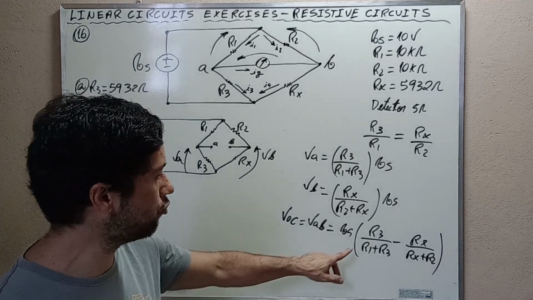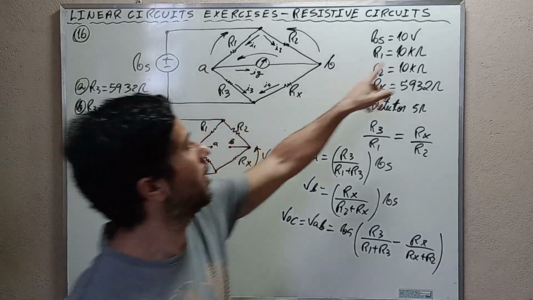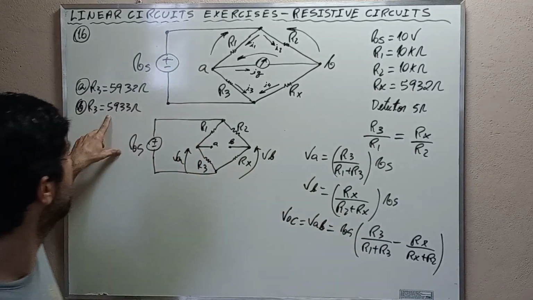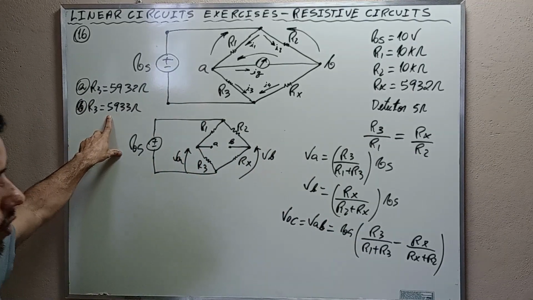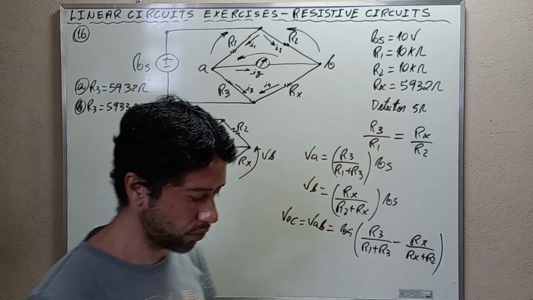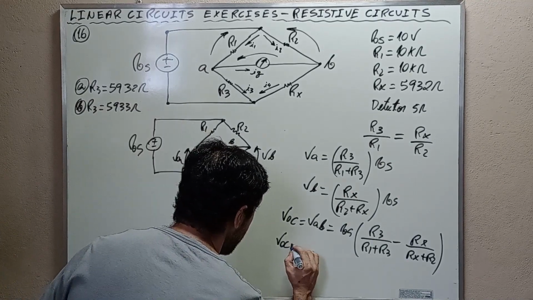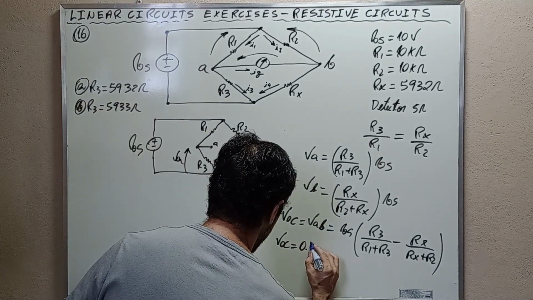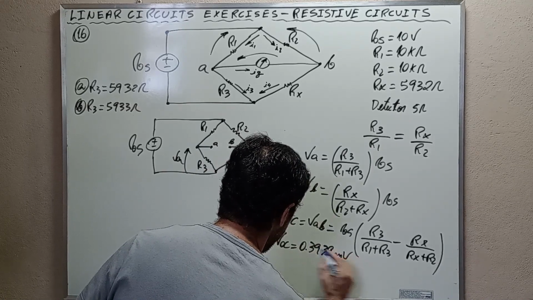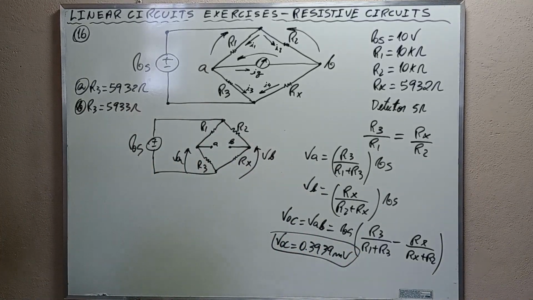All we need to do is to use the values. Vs is 10 volts, R3 is the new value of R3, R1 is this, and R2 is this. We can simply use the values and we find that VOC is equal to 0.3939 millivolts. This is the value of the open circuit voltage.